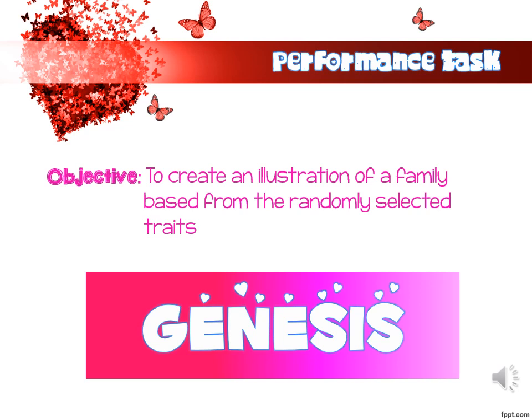Genesis means creation, like the first chapter of the Bible is Genesis, creation of the world. Now you will do creation of species that you are going to select based from the codes given to you.